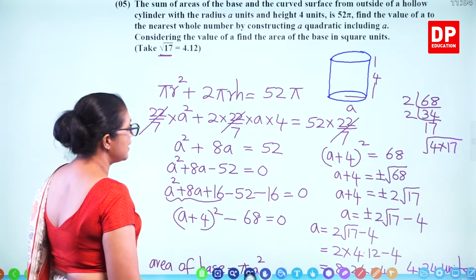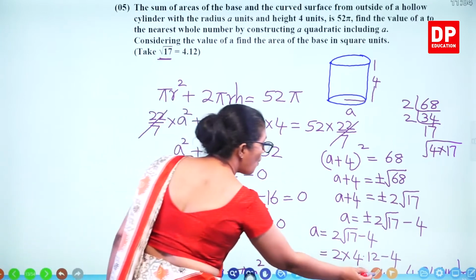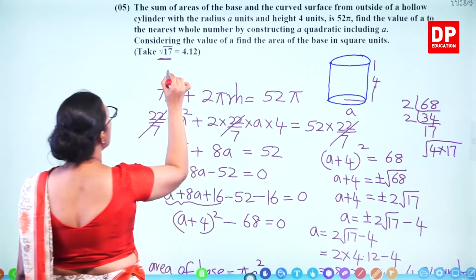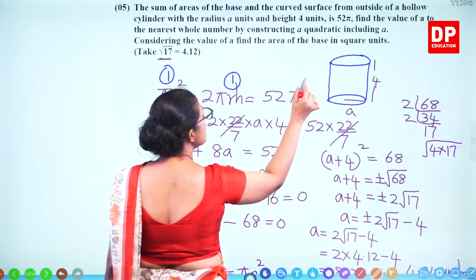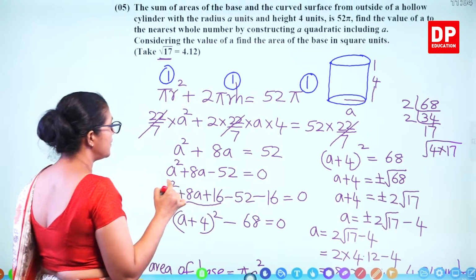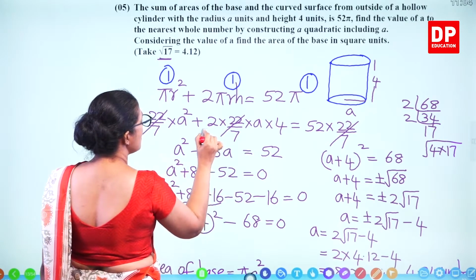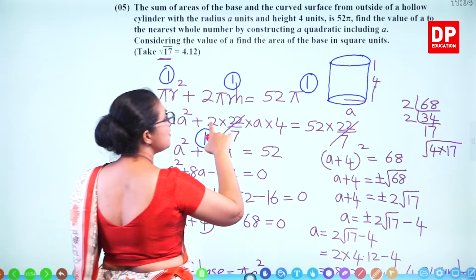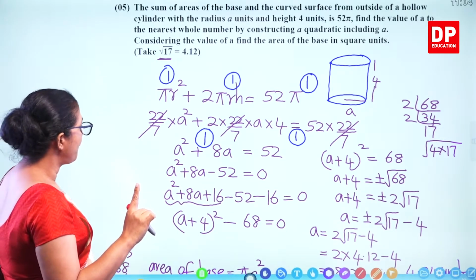So we can give one mark here, pi r squared, 1 mark, and equating 1 mark, 3. And constructing equation 1 mark and the simplification 1 mark, 5.